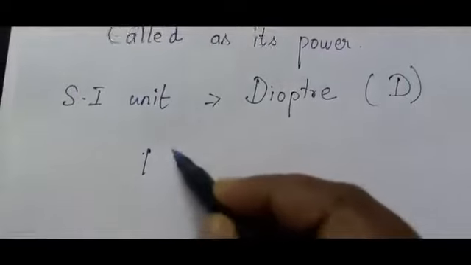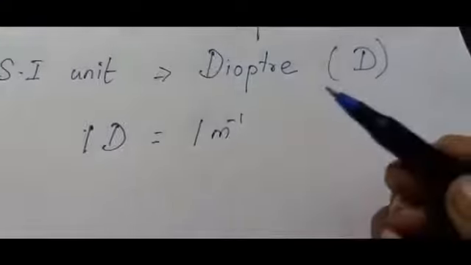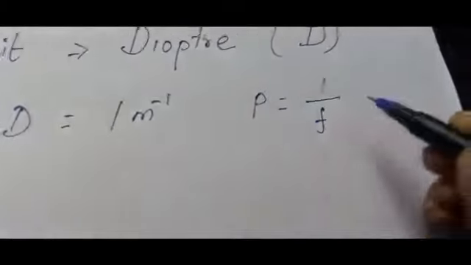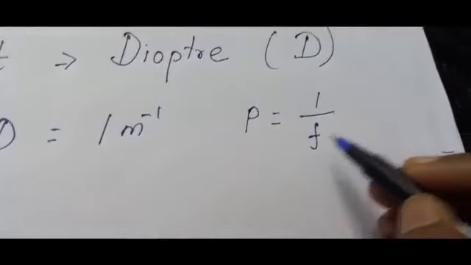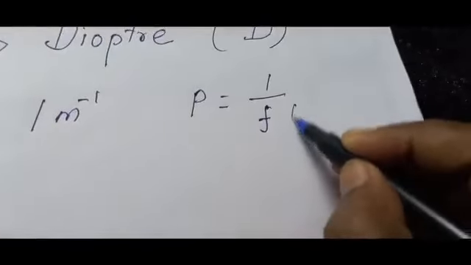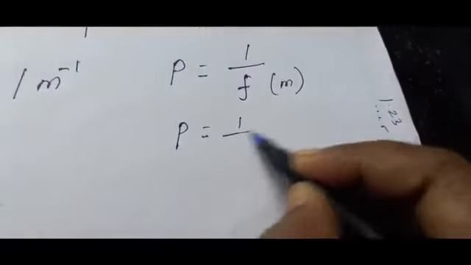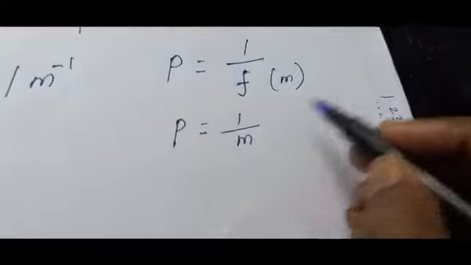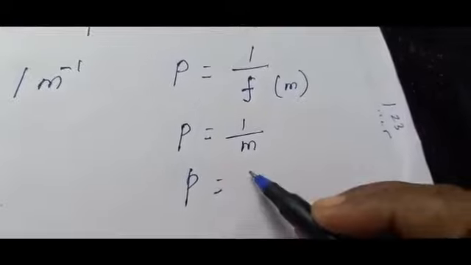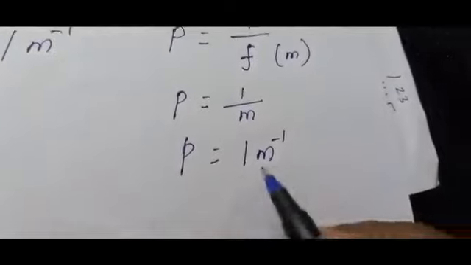So, 1 D equal to 1 per meter, or simply P equal to 1 by f, where f is the focal length which we measure in meter.